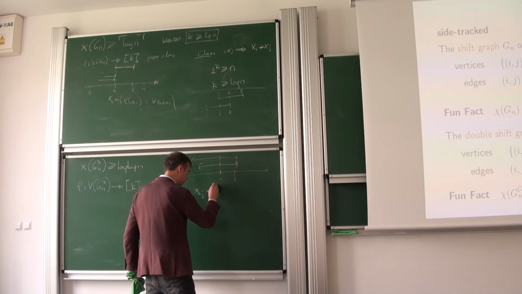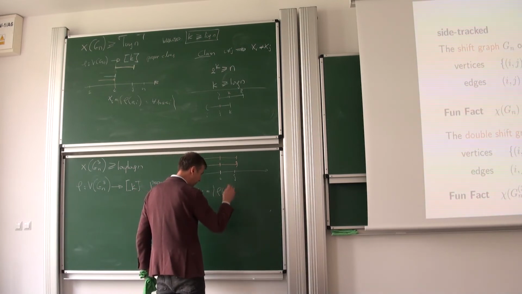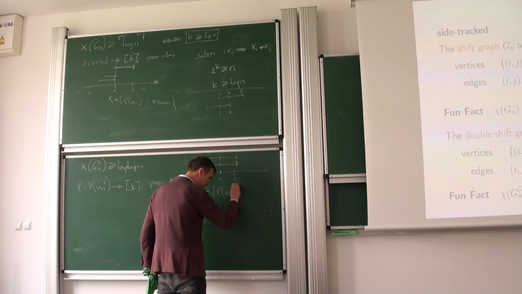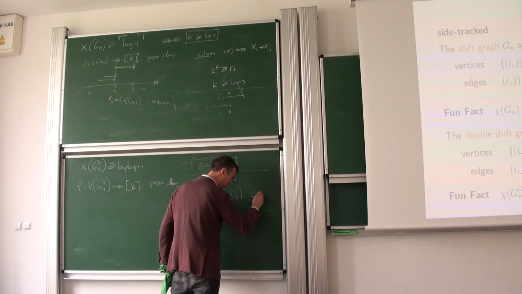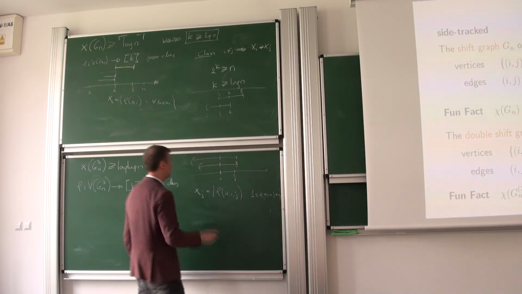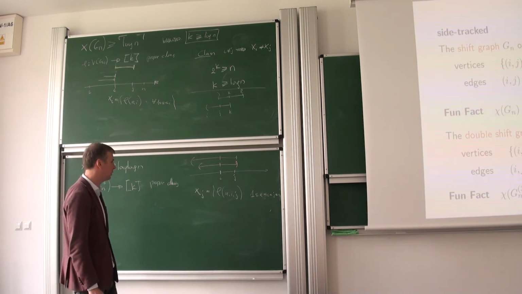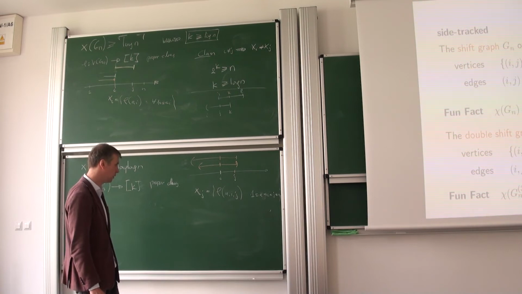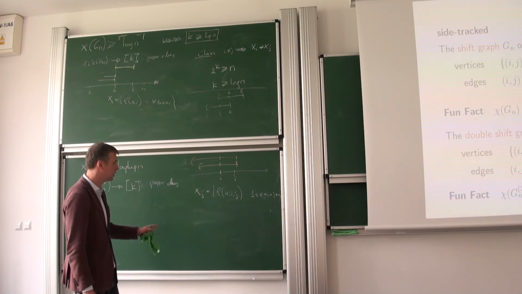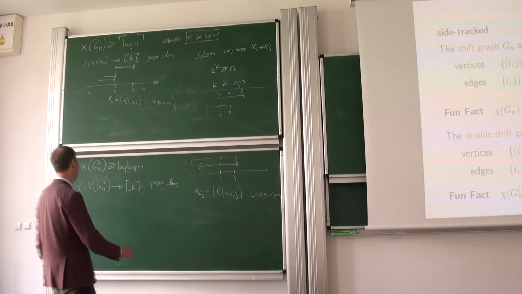So this is a set of phi of aij such that 1 less or equal a less than i less than j less or equal n. What is the claim now? Claim is that this is a proper coloring of the shift graph.